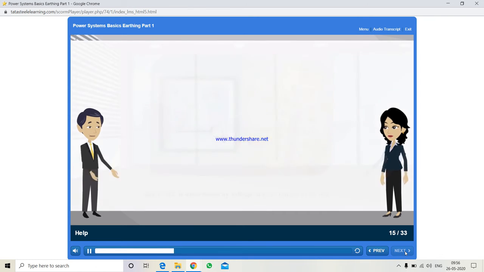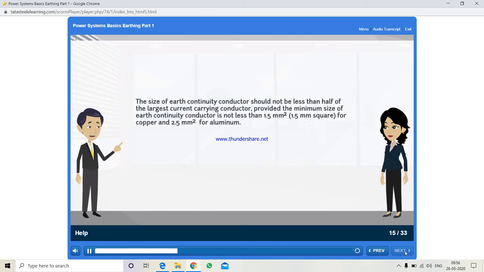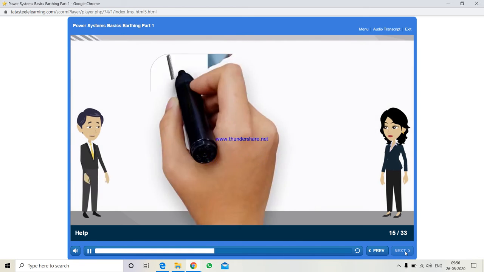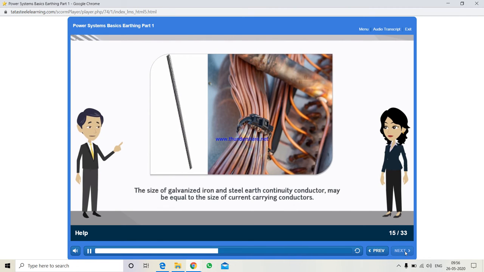Further, the size of earth continuity conductor should not be less than half of the largest current carrying conductor, provided the minimum size of earth continuity conductor is not less than 1.5 mm square for copper and 2.5 mm square for aluminium, and it need not be greater than 70 mm square for copper and 120 mm square for aluminium. Regarding the size of galvanized iron and steel earth continuity conductor, they may be equal to the size of current carrying conductors.